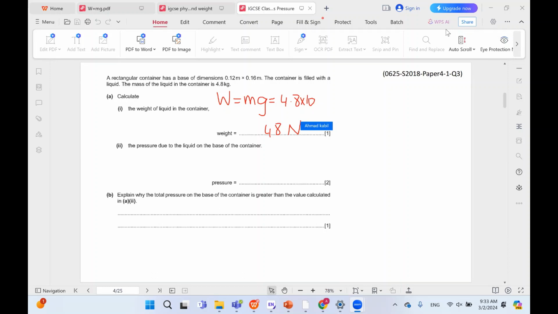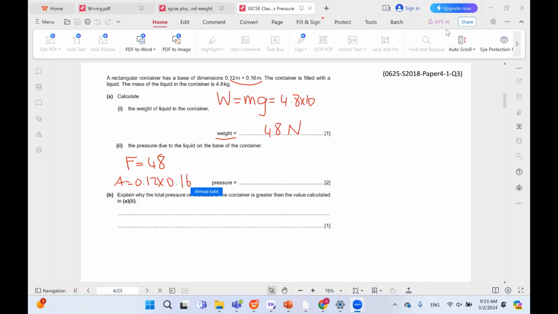Then we are required to find the pressure on the base of the container. So we are given the weight, which is a force, so F equals 48. And we are given dimensions of the base, so we can use them to calculate the area. So the area would be 0.12 times 0.16.